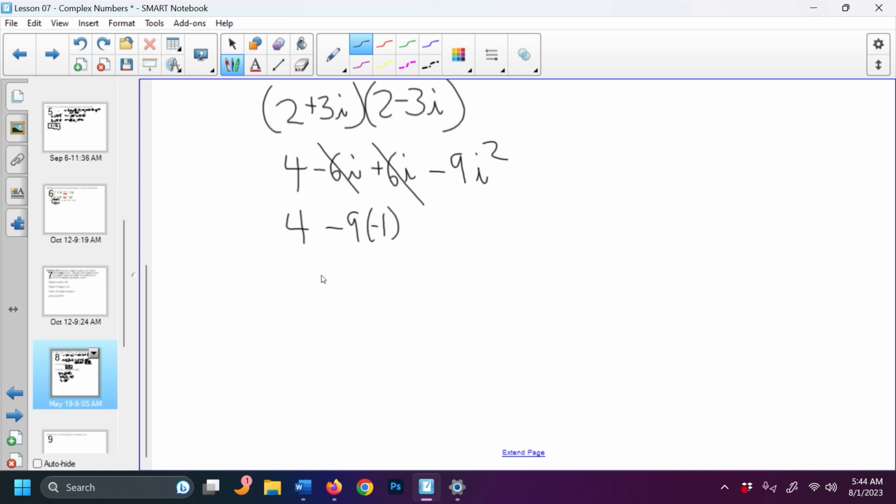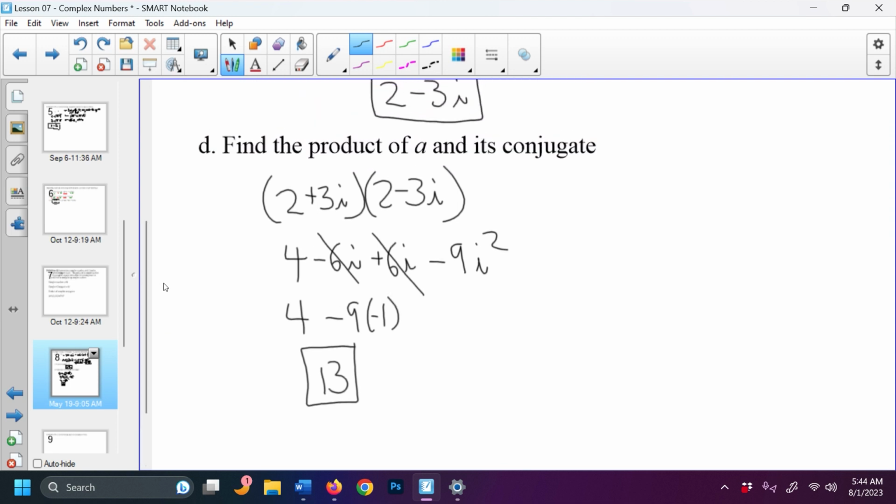So 4 plus 9 is 13. And again, this is the reason we are learning about conjugates, is because when you multiply a complex number by its complex conjugate, you get a pure real number.